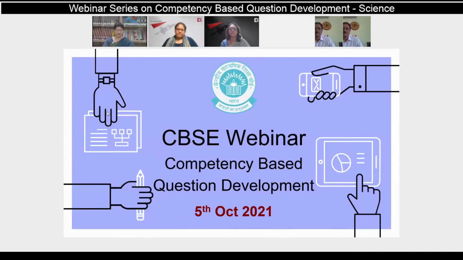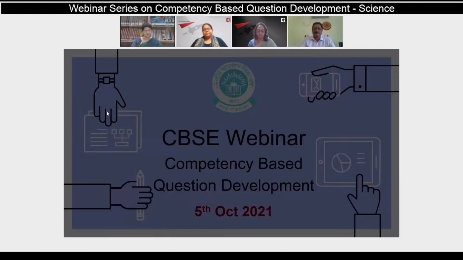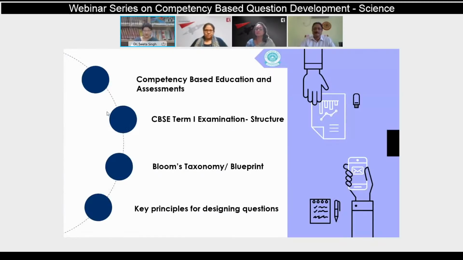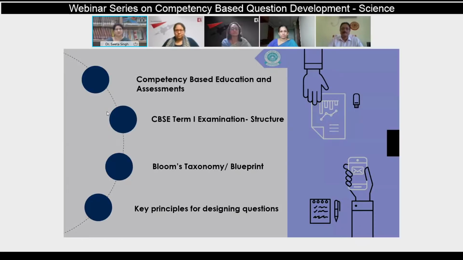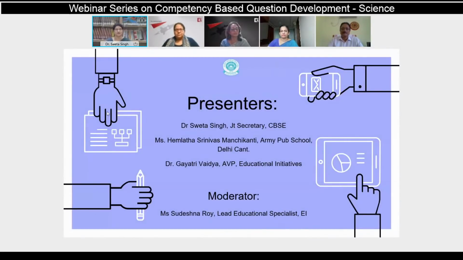Next slide, let's move on. So today's webinar would be centered around competency-based education and assessments, the CBSE Term 1 examination, the structure, Bloom's taxonomy and the blueprint, and why it is critical to the development and designing of the question paper, and the key principles for designing the questions.